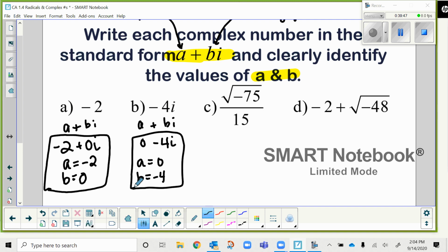We already did radical negative 75 in a different example, but I'll go over it kind of quickly. So it's negative 1 times 25 times 3. So the negative 1 comes out as an i, and the 25 comes out as 5. So it's 5i radical 3 over 15.